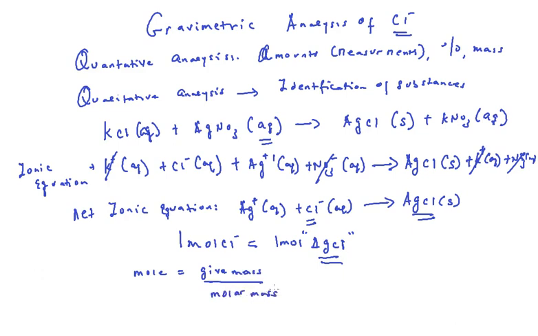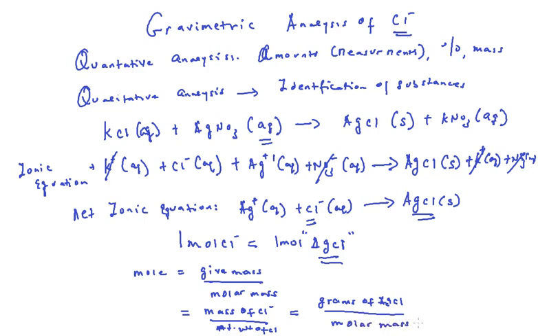That's how a mole is calculated. So the moles of chloride is the same as the mass of chloride ion divided by the atomic weight of chlorine. And the moles of silver chloride would be grams of silver chloride divided by the molar mass of silver chloride.